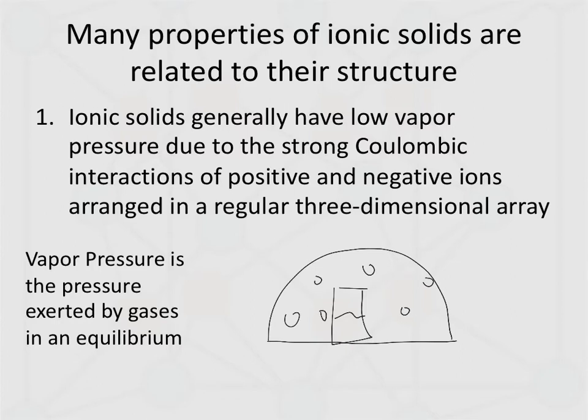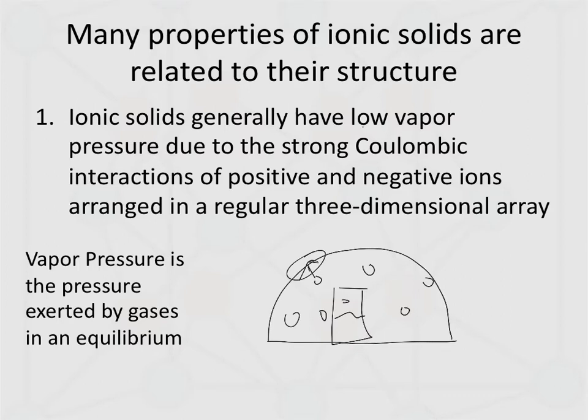As it evaporates, you have these little gas molecules, and they are bouncing around, hitting the container walls. The force that they exert on the container walls is the pressure. So basically, vapor pressure is the force exerted by the gas molecules.